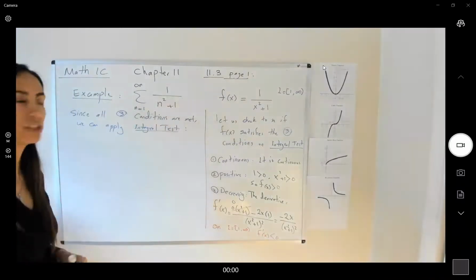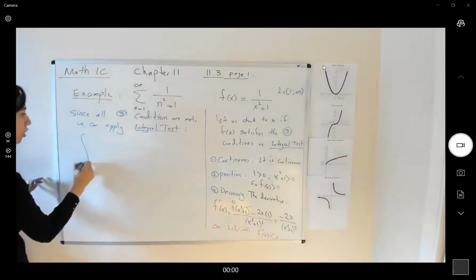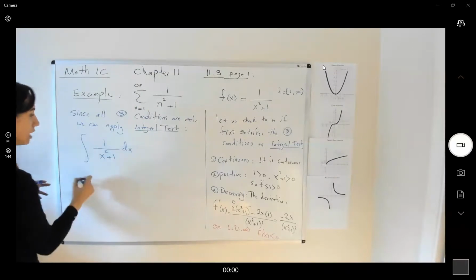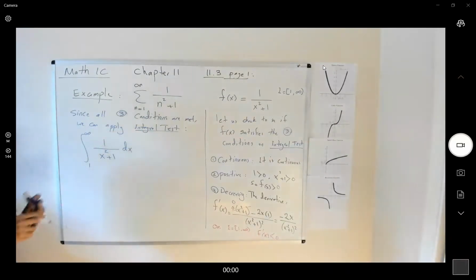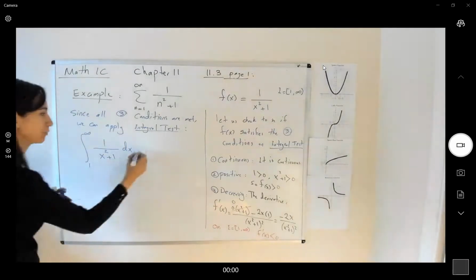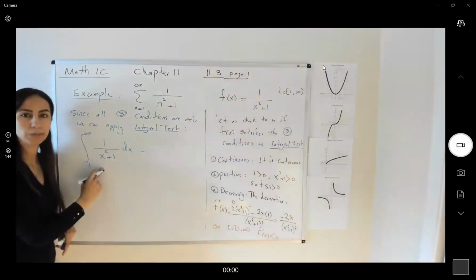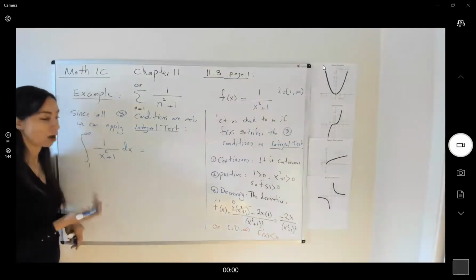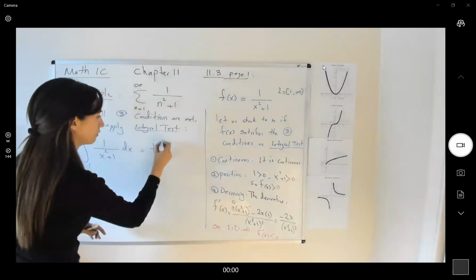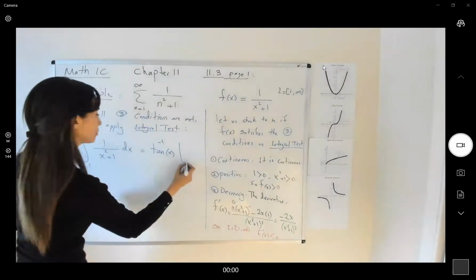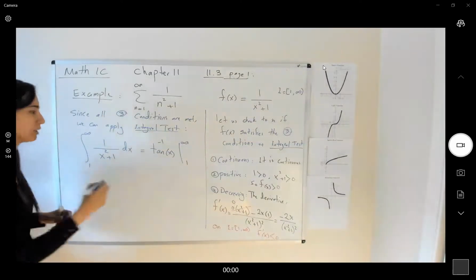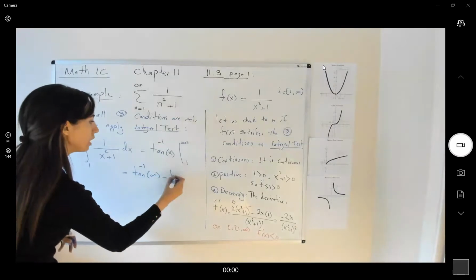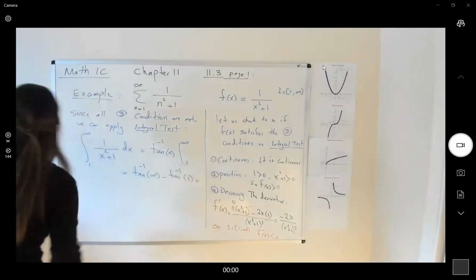Let us take the integral of this function: the integral of 1 over x squared plus 1 dx, while x ranges between 1 to infinity. If you remember this integral, it is inverse tangent of x, with x ranging between 1 to infinity. There you go. You have inverse tangent of infinity minus inverse tangent of 1.